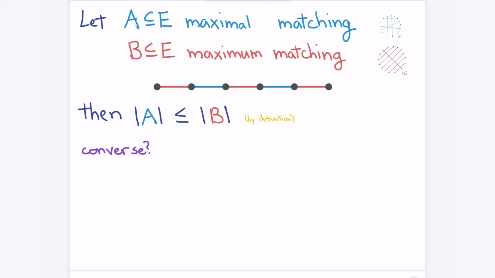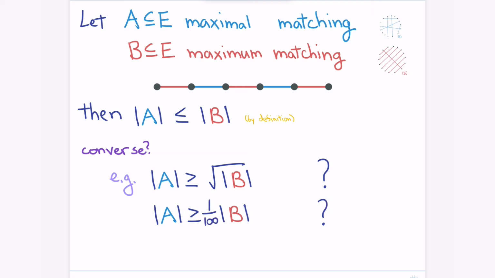But maybe maximal is at least the square root of the size of maximum or something. Or maybe within a constant, or logarithmic, or whatever. Is there any relationship bounding maximal relative to maximum?